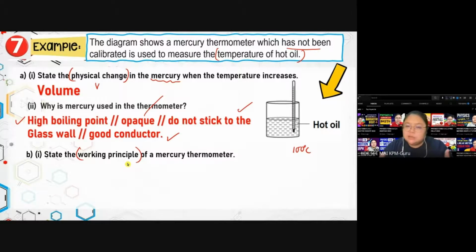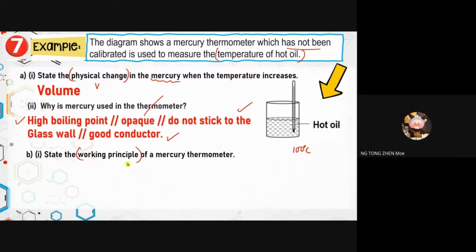When they contact, the heat must be transferred until a certain level, then it stops. Then I read the reading. So what principle is this? Hongzhen, what principle is this, from chapter 4.1? Thermal equilibrium.